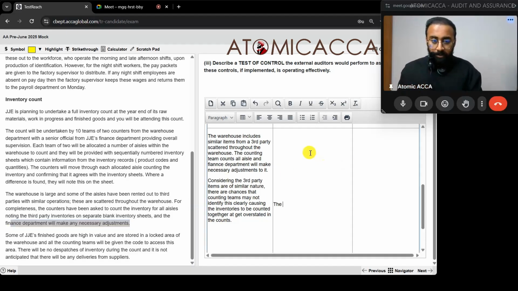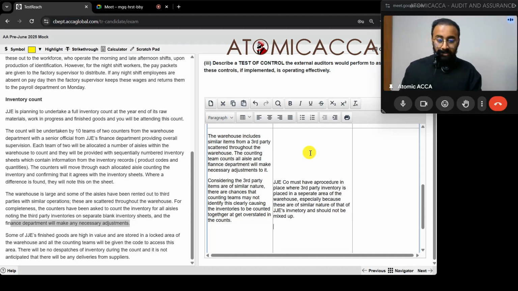First we can say the client, JJ company, must have a procedure in place where third party inventory is placed in a separate, secluded area of the warehouse, especially because these are of similar nature to JJ's inventory and should not be mixed up.